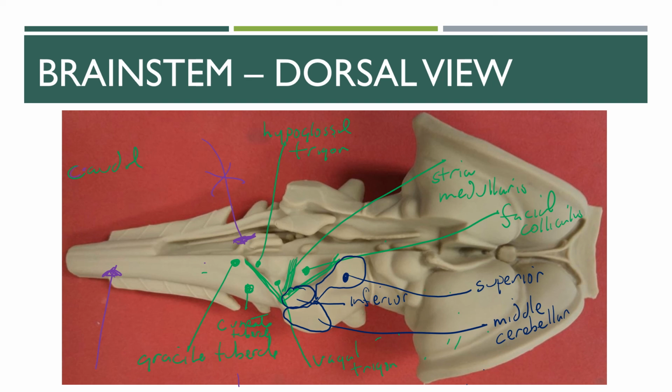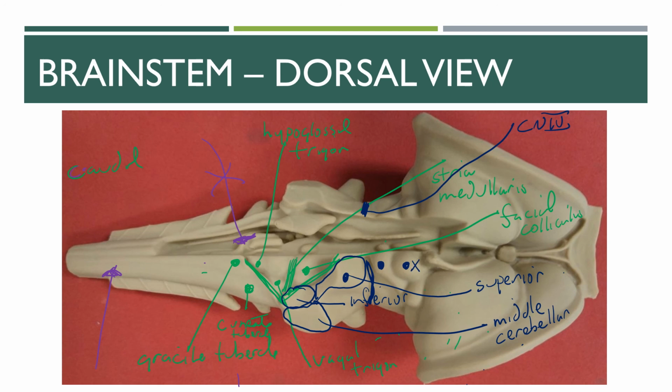As I move cranially, I'm going to see right here, and then right here, cranial nerve 4, or the trochlear nerve, because we remember that that nerve forms on the dorsal side of the brainstem, exits, and then wraps around the lateral aspect of the cerebral peduncle. Then finally, our last two structures are two raised areas, one here and one here.